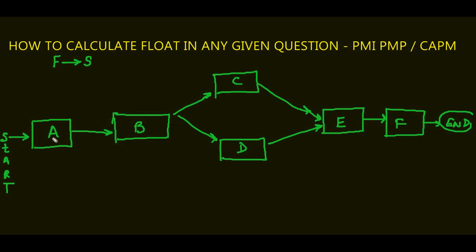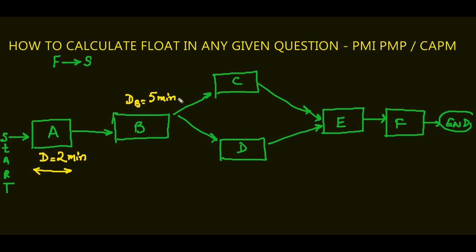Let's keep activity A duration. What is the meaning of duration? How long this activity is going to take to complete. Duration is the time. Give me a number. 2, 2 minutes, or seconds, whatever. Duration for B? 5 minutes.